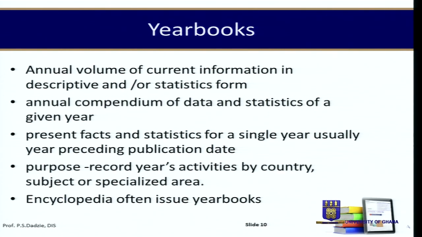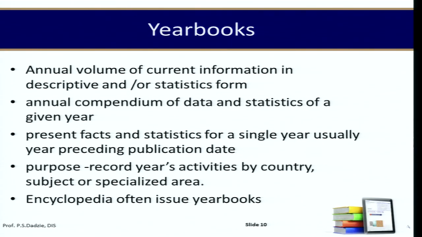Another fact source is a yearbook. They are annual volumes of current information in descriptive and/or statistical form. They are also a compendium. They carry several pieces of information, but they are of a particular given year. You remember I mentioned the almanac contains retrospective information.